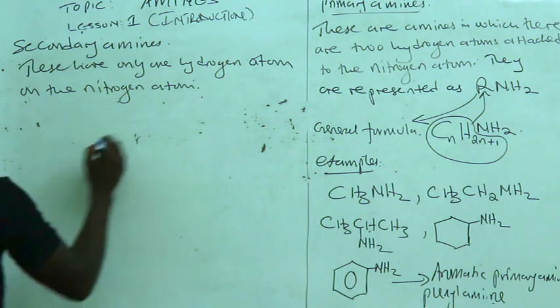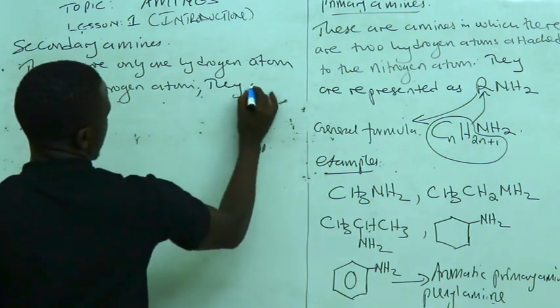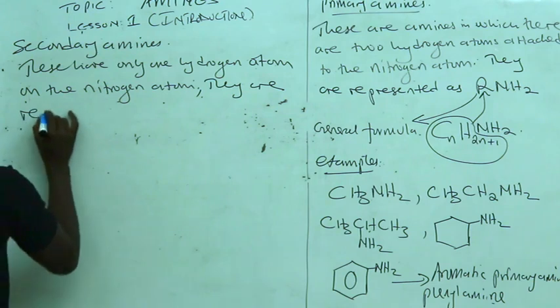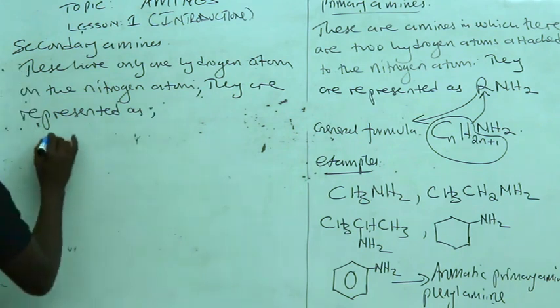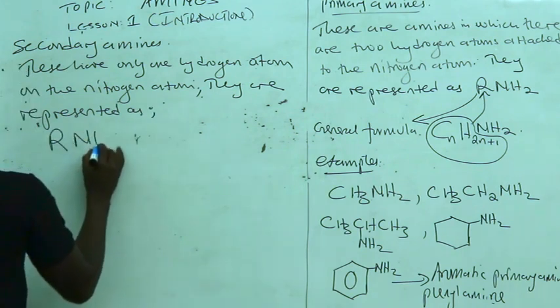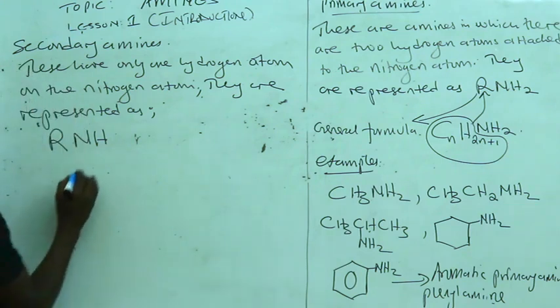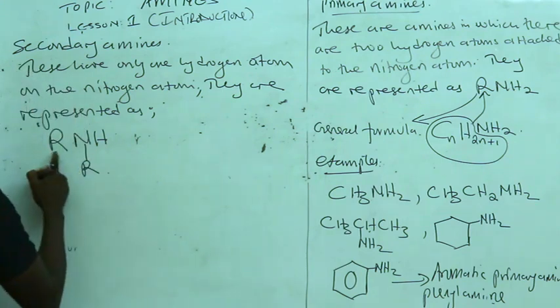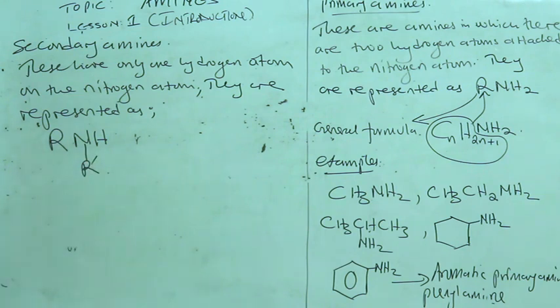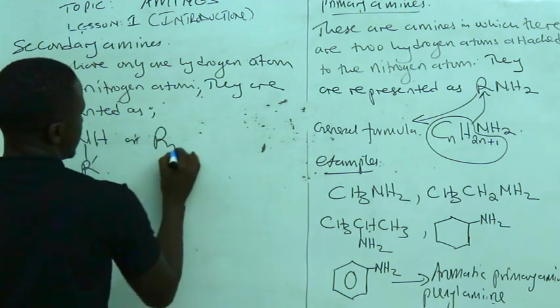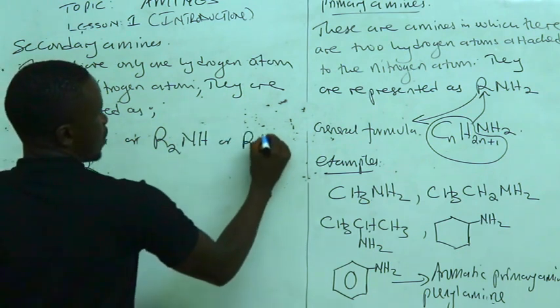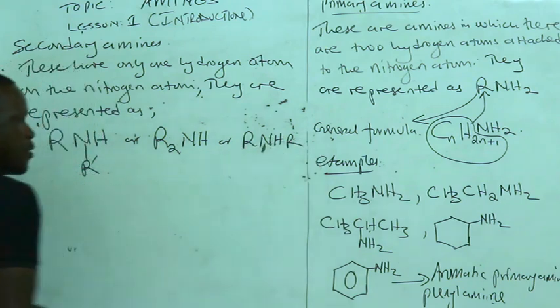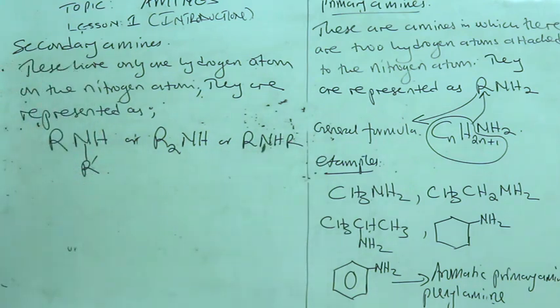And therefore, they are represented as RNH, and another R, similar or not similar to the first one, is attached. So you would have something like that, or they may be similar and you have that. Or sometimes RNHR, no problem.